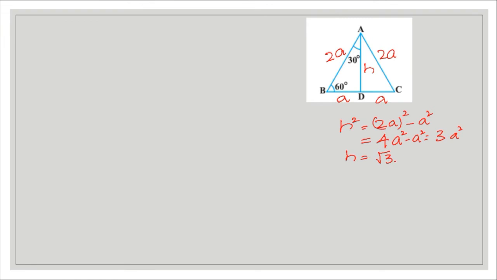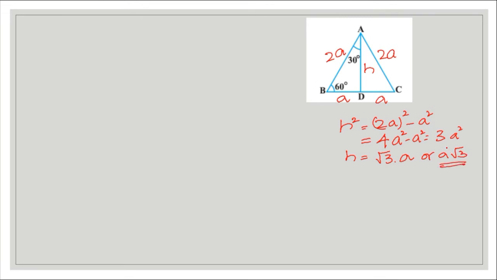We can find the length of this height or the altitude. H square will be equal to 2A whole square minus A square by Pythagoras theorem. So 4 times A square minus A square will be 3 times A square. So the height will be root 3 times A, or A times root 3.